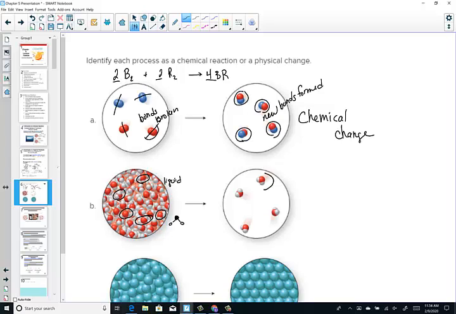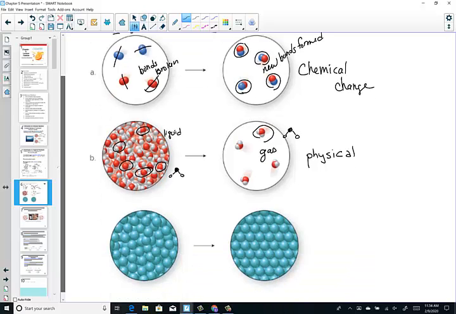And over here, it's the same structure where I have an oxygen bonded to two hydrogens, same compound, but now they're very far apart, which would represent the molecular phase of a gas. So really, we've just gone from liquid to a gaseous phase, which is a phase change. It would be called evaporation when a liquid converts to a gas. So this we would represent as a physical change.